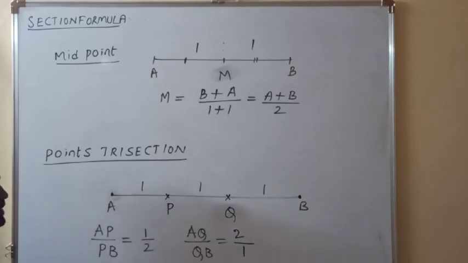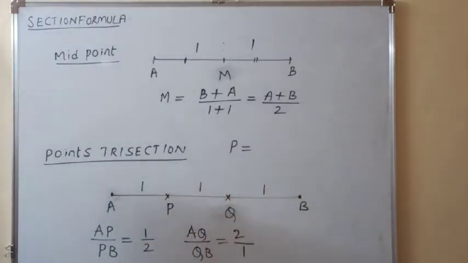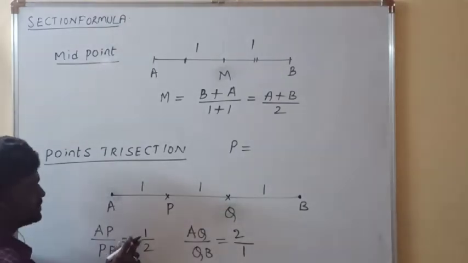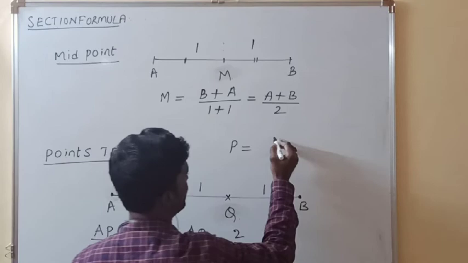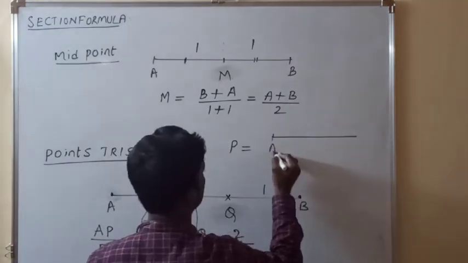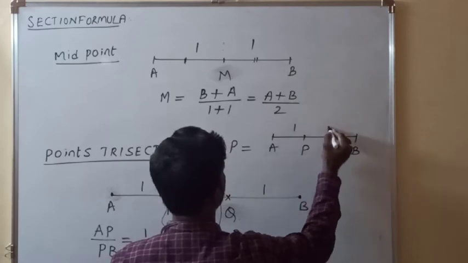So using section formula, we can find those 2 points P and Q. What is the formula for P? AP is to PB, what we got? 1:2.